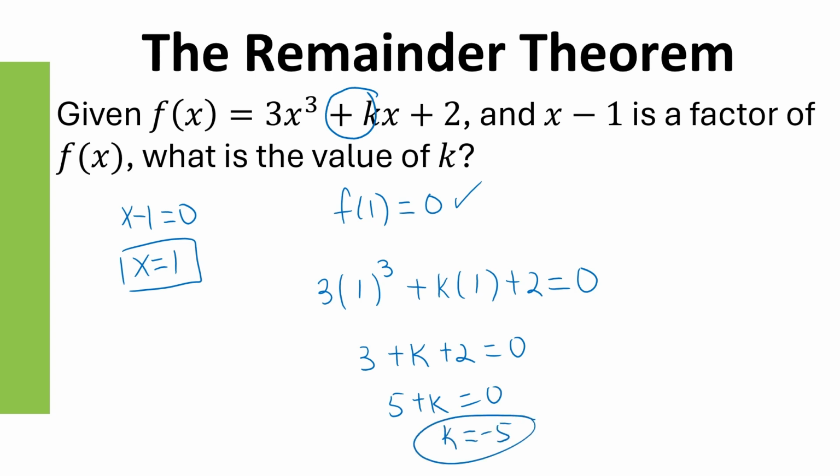Now my function becomes f of x equals 3x to the third power minus 5x plus 2. When I divide this function by x minus 1, the remainder will be 0 because x minus 1 is a factor of this function.